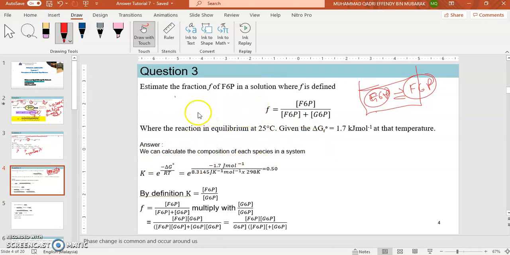as we know in this chapter, by having K, we can predict the fraction or the composition of each species in this solution. So we need to remember this one.